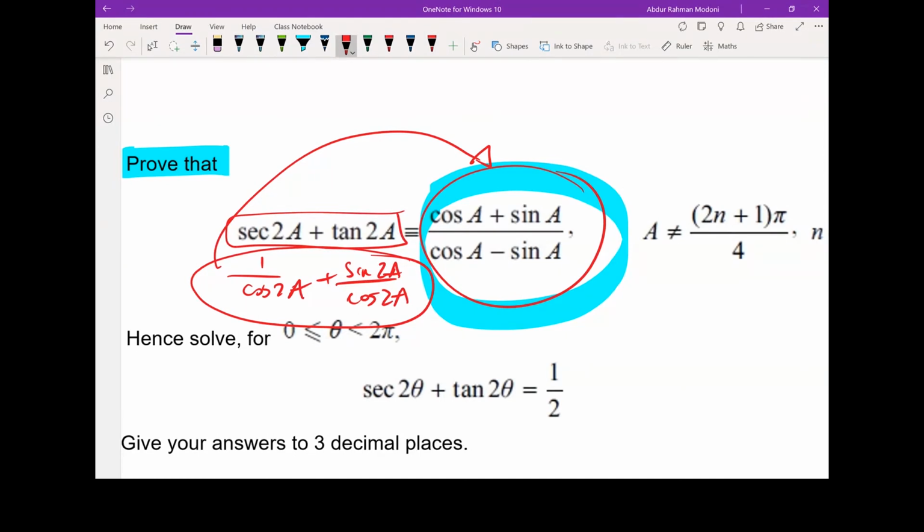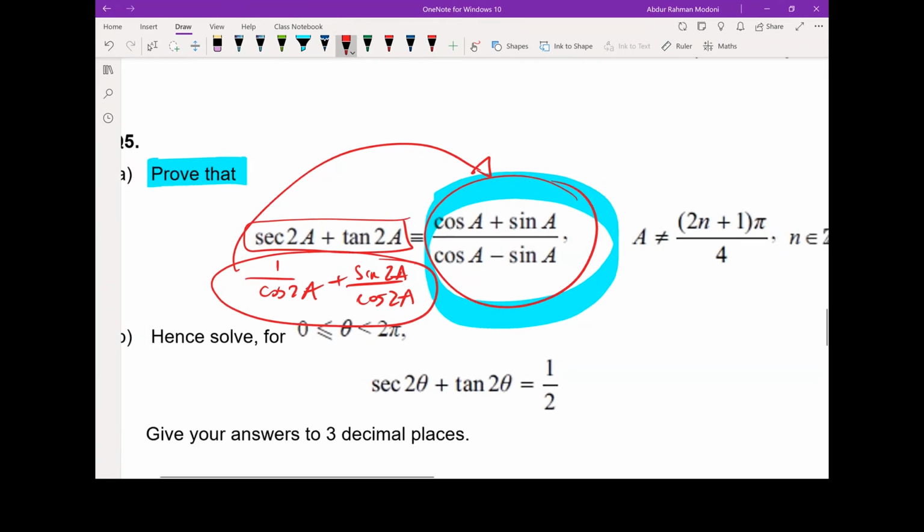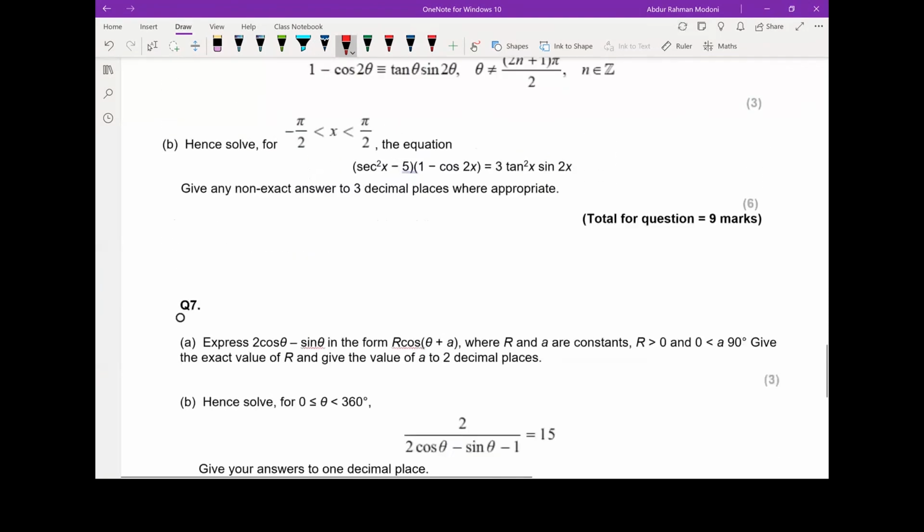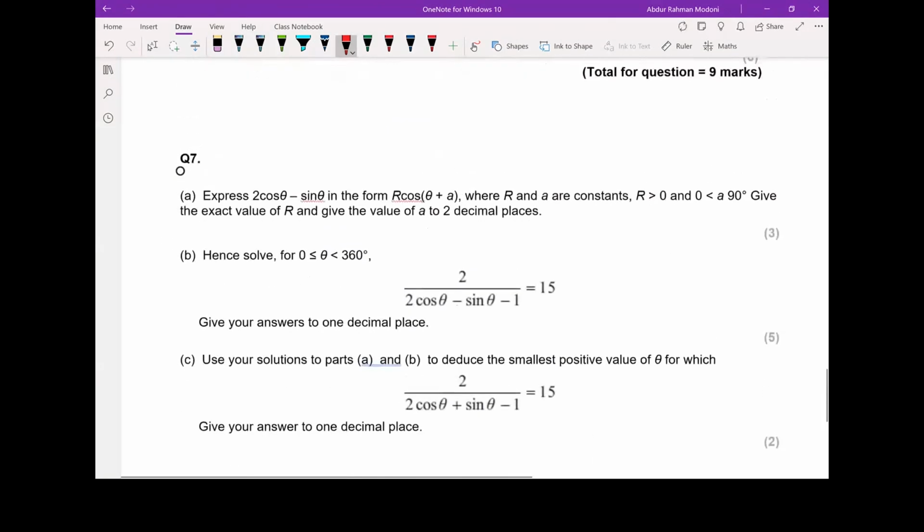So then my structure is looking the same. The left-hand side is looking similar to the right-hand side. And then I'm going to work with the algebra and the tidying up and manipulating to try and get it to the same as the right-hand side. So that's what we mean by, if there is a fraction on the right-hand side, start by looking to introduce a fraction on the left-hand side.